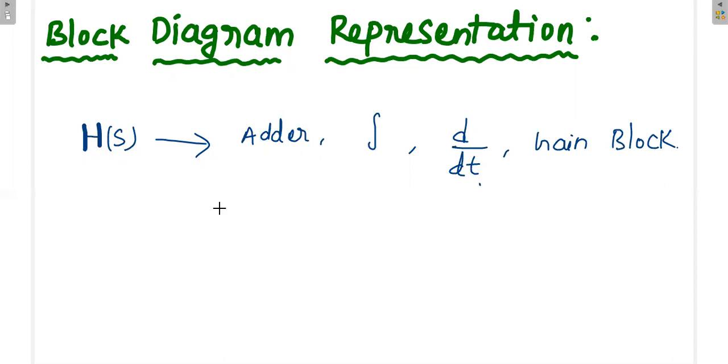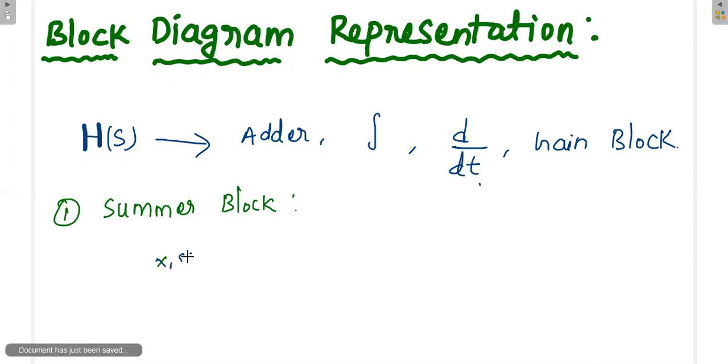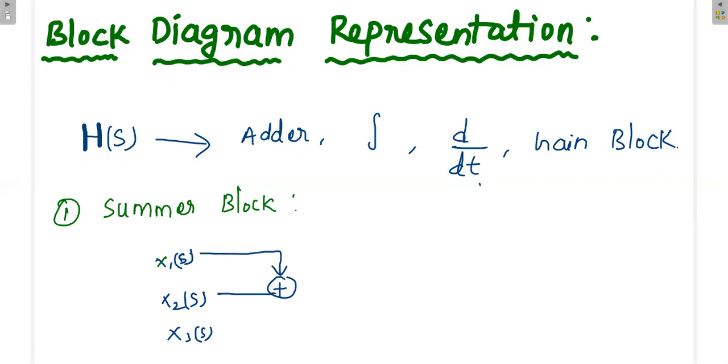The first basic element is the summer block, the adder. Suppose you have three functions, X1(s), X2(s), X3(s). Using the summer block we can add all these functions and get the overall function.